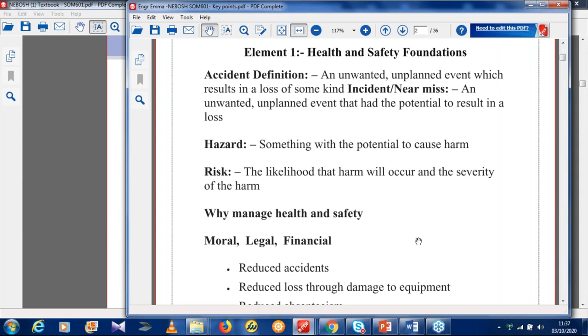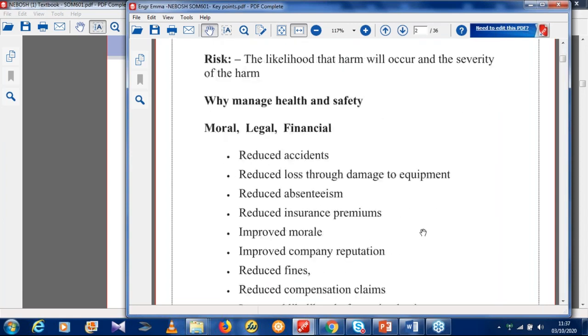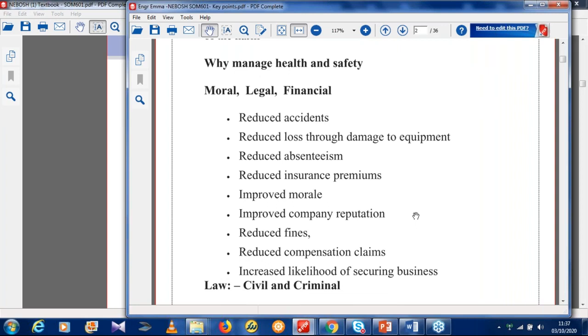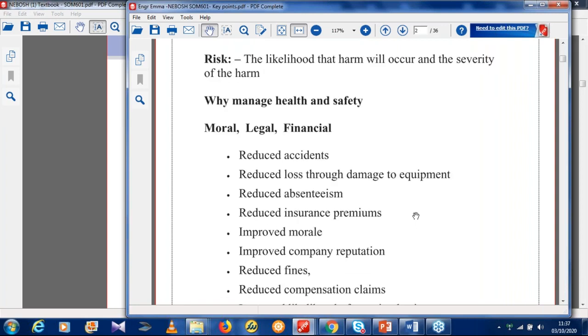All right. Then we talk about the reasons why we manage health and safety. Why should health and safety be managed? There are three basic reasons, three major reasons. Number one is the moral reason. Number two is the legal reason, legal or social reason.